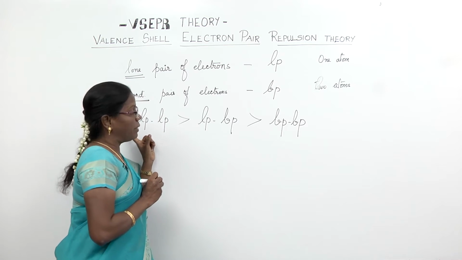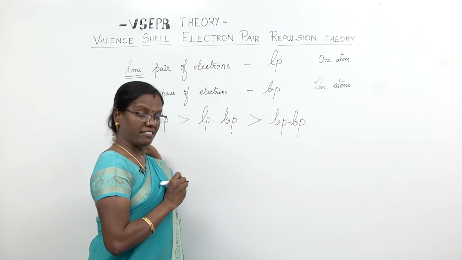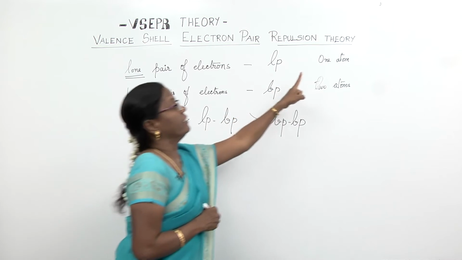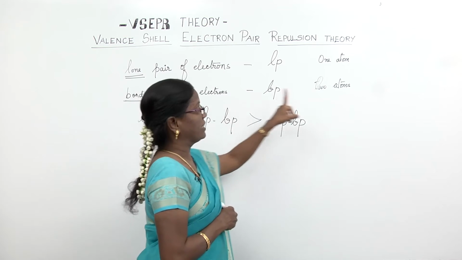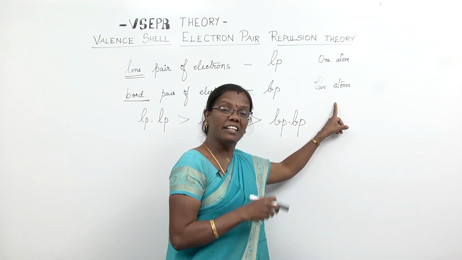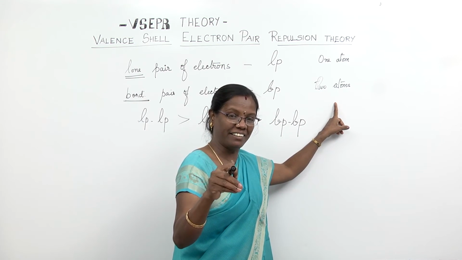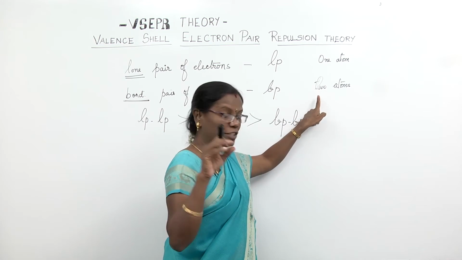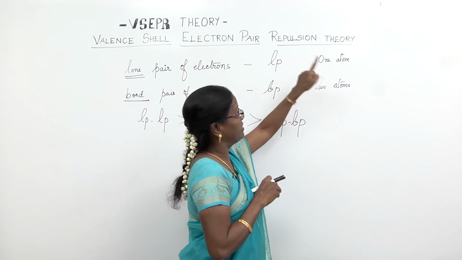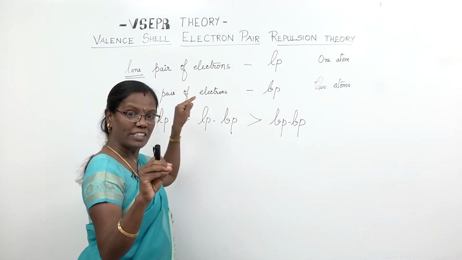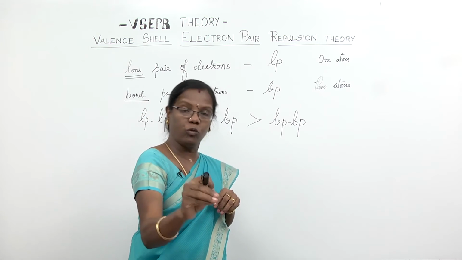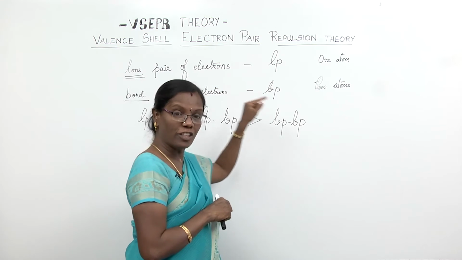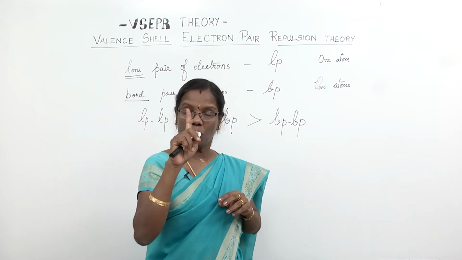The order of repulsion is like this. Since the bonding pair of electrons is between two atoms, the repulsive force will be lesser. The bonding pair repels the nuclei of two atoms, whereas the lone pair has a repulsive force on only one atom, because it is situated on only one atom.